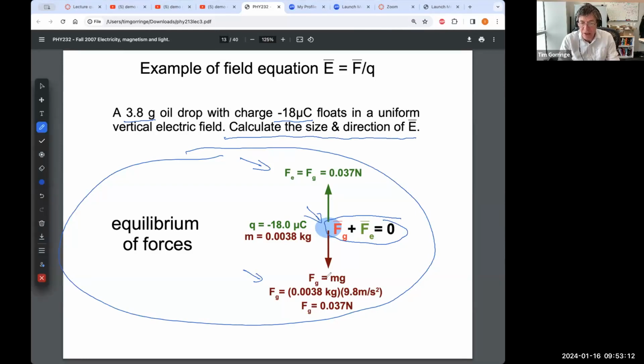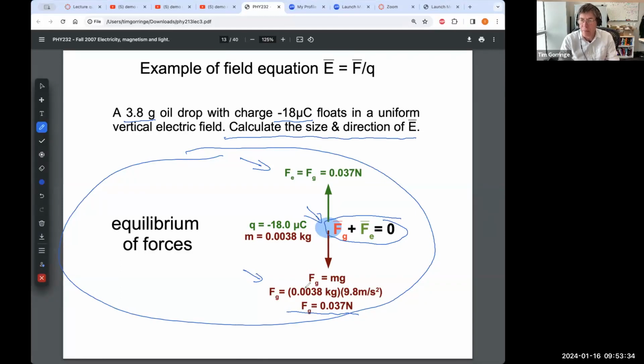Now, the gravitational force is given by mg, the mass of the oil drop times the acceleration of gravity. We know both those numbers: the oil drop was 3.8 grams, and the acceleration of gravity is 9.8 meters per second squared. So it was easy to calculate the gravitational force.